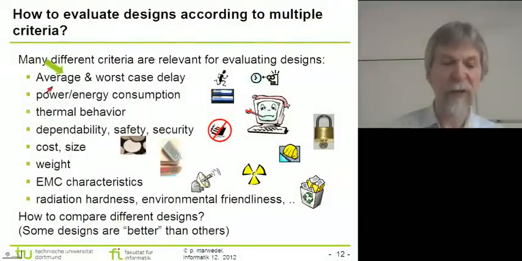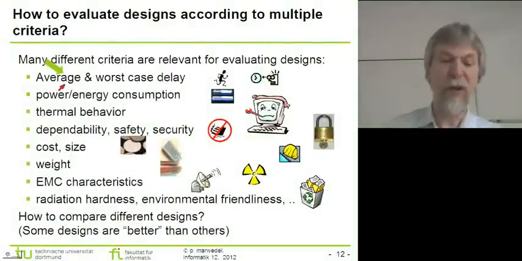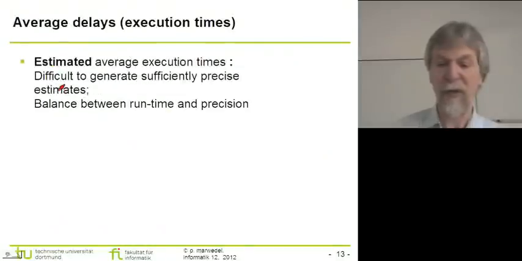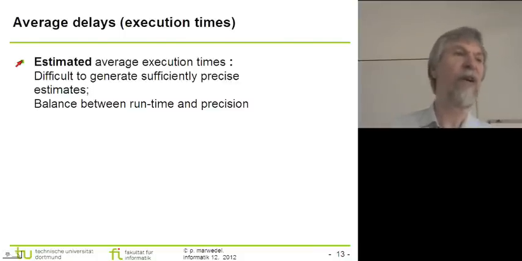And I'd like to start with a brief discussion of evaluation of the average delay that we might find in the computation of some software. So the average delays, or average execution times, could be estimated at a very high level.